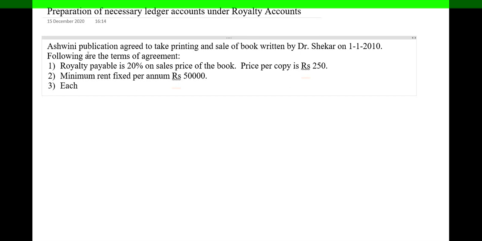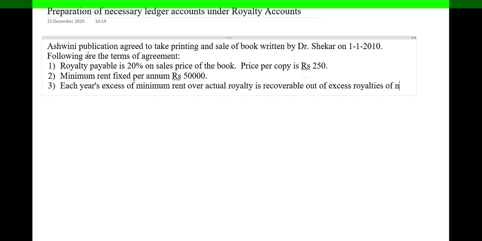Each year's excess of minimum rent over actual royalty is recoverable out of excess royalties of next 2 years.